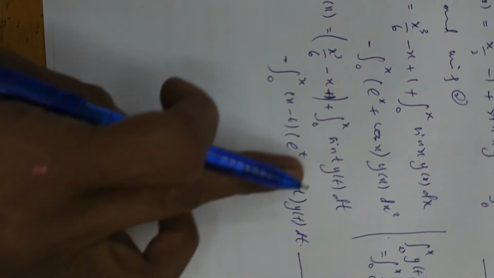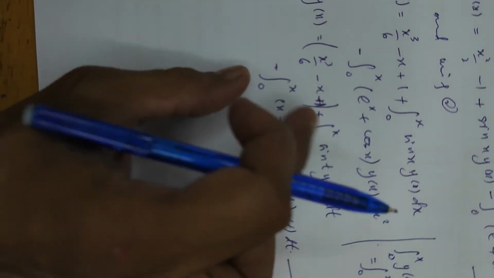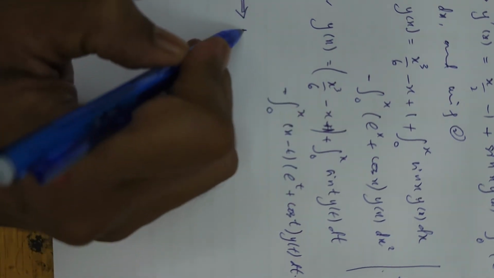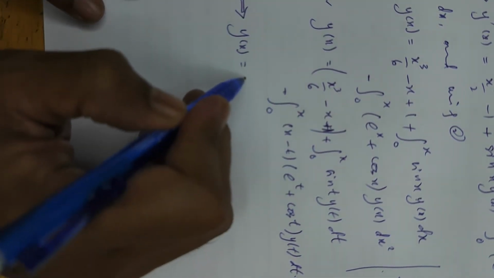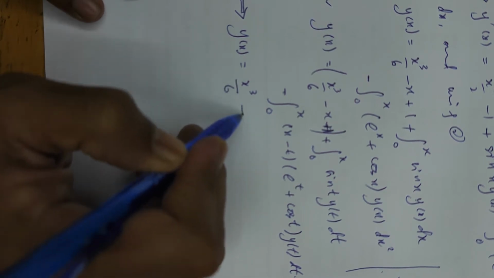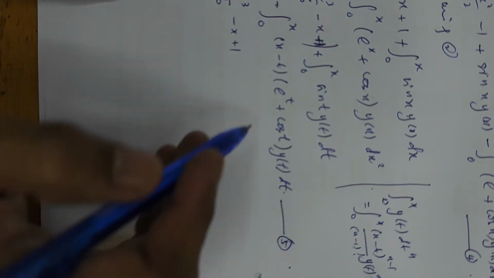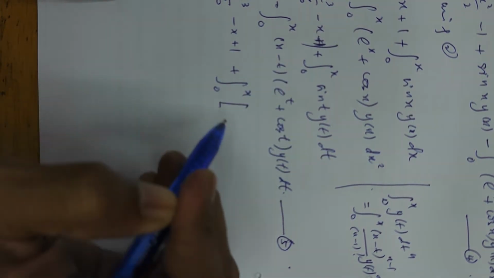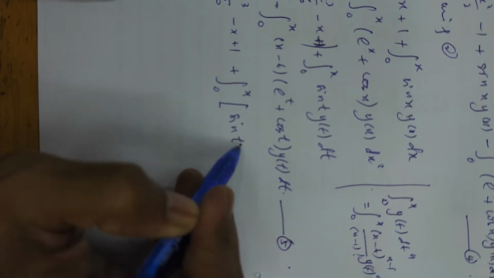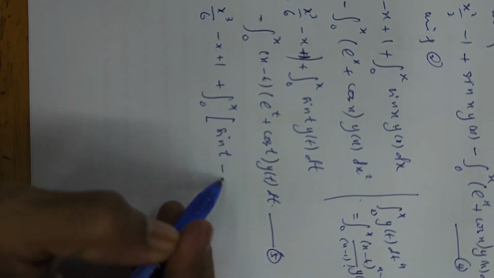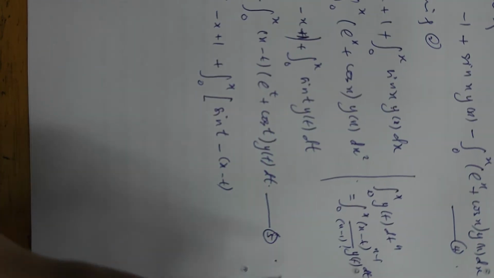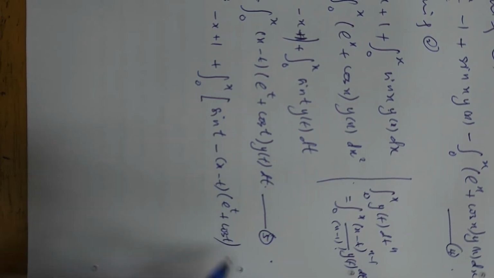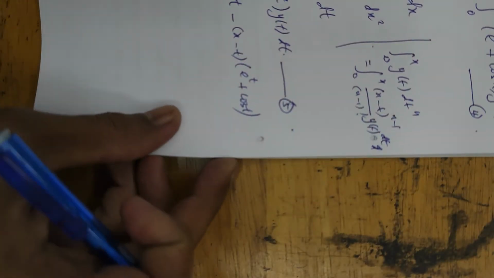And of course here you can rewrite or simplify this, putting it under one integral sign. So this gives you y(x) equal to x cubed over 6 minus x plus 1 plus the integral from 0 to x of sine t minus (x minus t) times e^t plus cos t, y(t) dt.